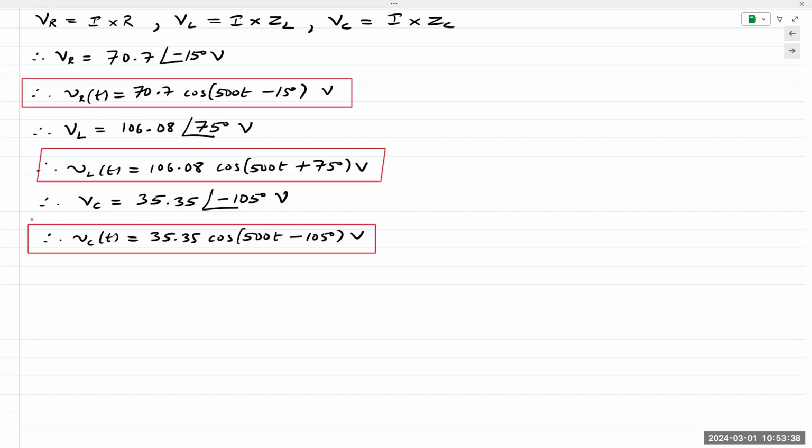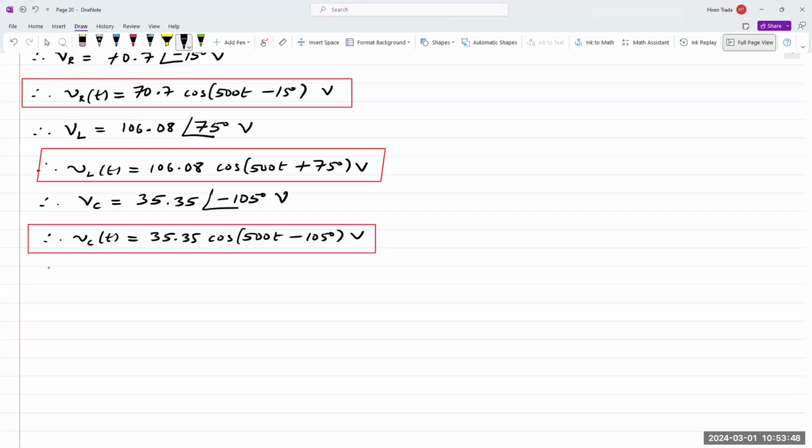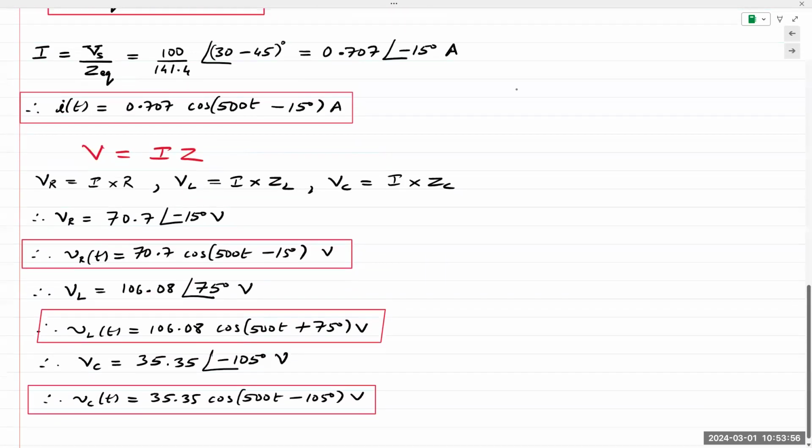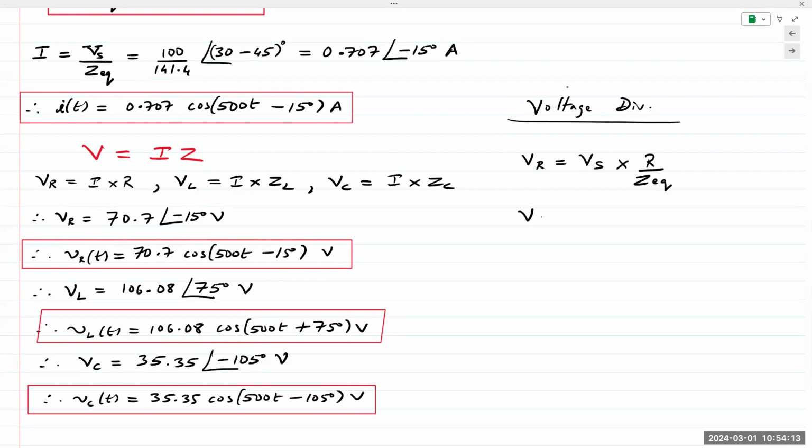So the equivalent equations for voltage division would be, let's write it out on the side. VR would be a fraction of the source voltage Vs. The fraction is given by R over ZEQ.